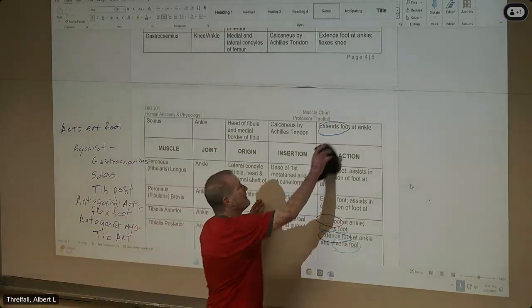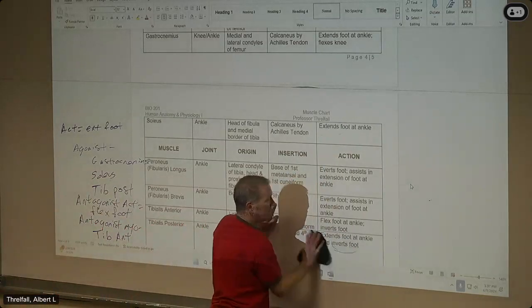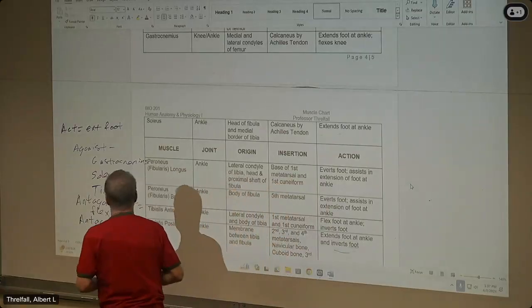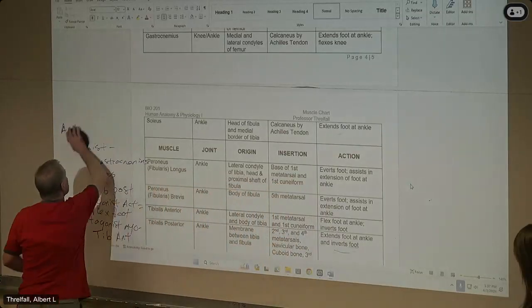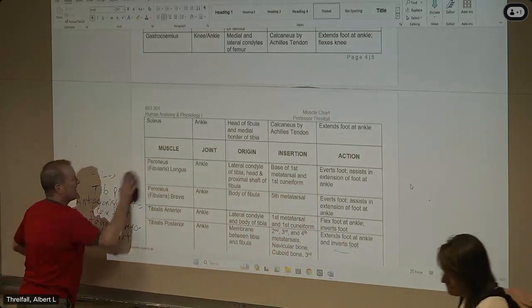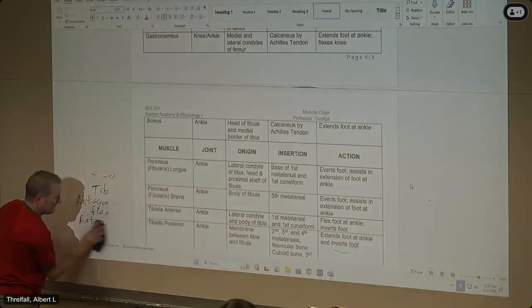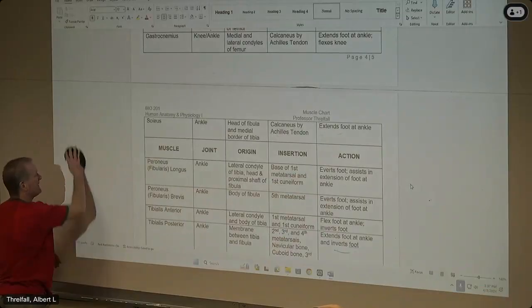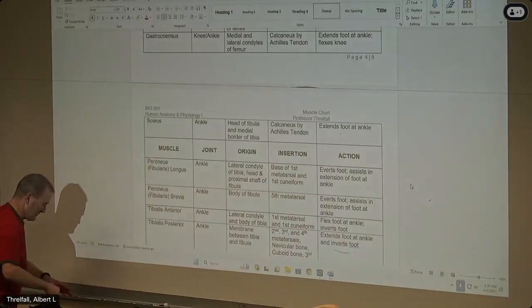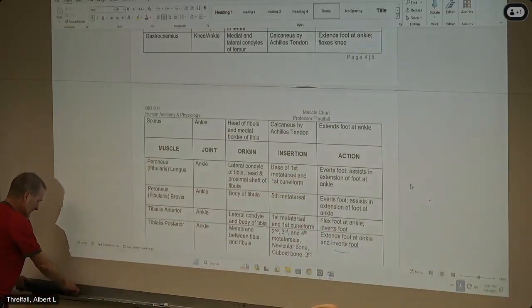You want to be able to play this game without looking at the chart. I don't mind if you have the chart tattooed on the back side of your eyelid. I won't check for that. So I won't even know. Sounds kind of painful and take an awfully small font.